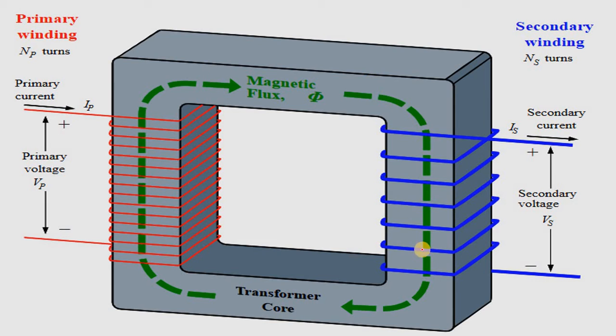That flux will pass through this core, and this is called the useful flux. Whereas there is some flux near this winding, in the air, that is called leakage flux.